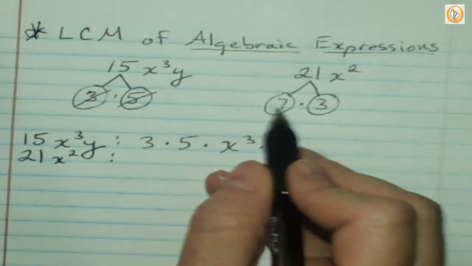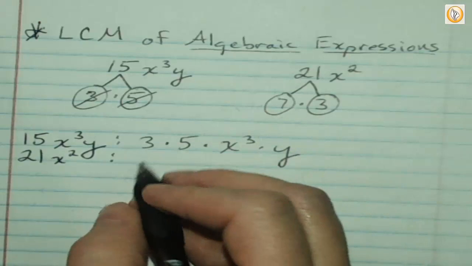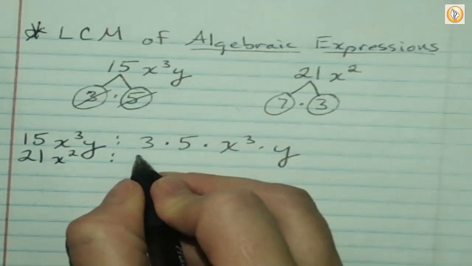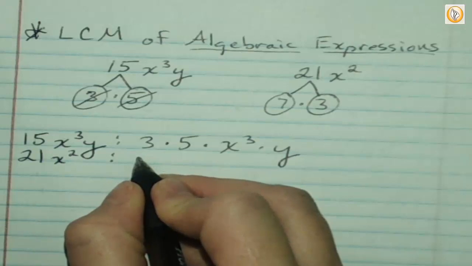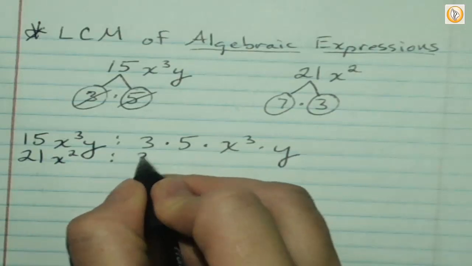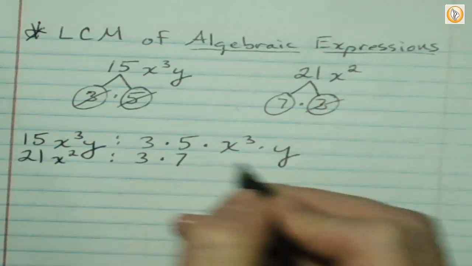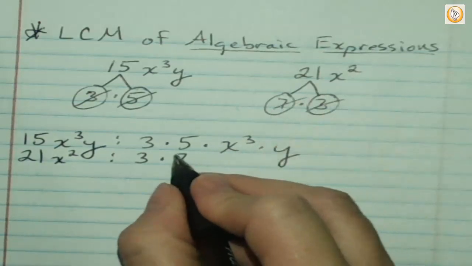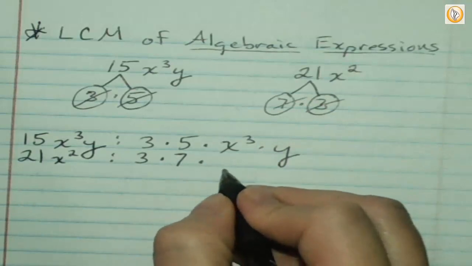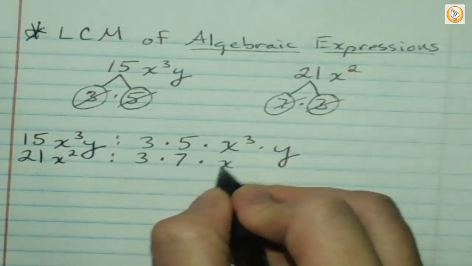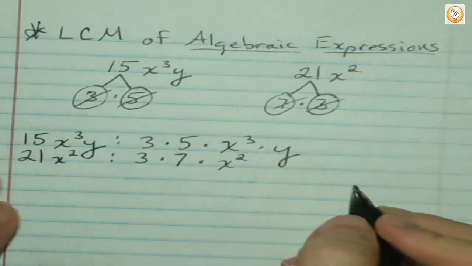All right, so this one, 21x squared. What do I write, Joanne? 7. Nope, you do smallest first. Sorry. 3, cross it out. Good. Times 7, cross it out. And what about the letters? You just do times x. The second power.